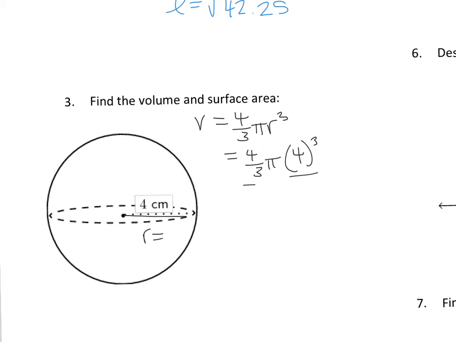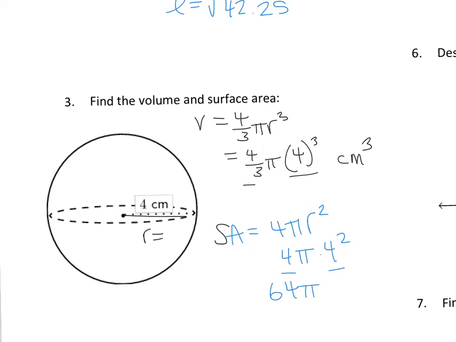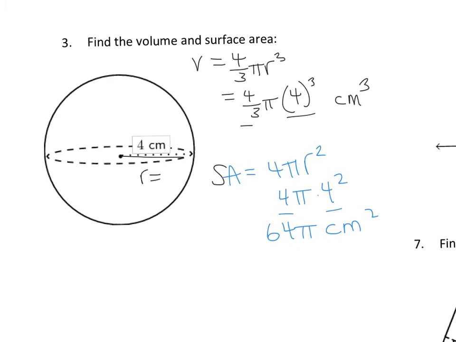Make sure you put volume as centimeters cubed. And my surface area is 4 pi r squared, so it's 4 pi times 4 squared, so 4 times 16 is 64, so surface area is 64 pi centimeters squared. That's in terms of pi.